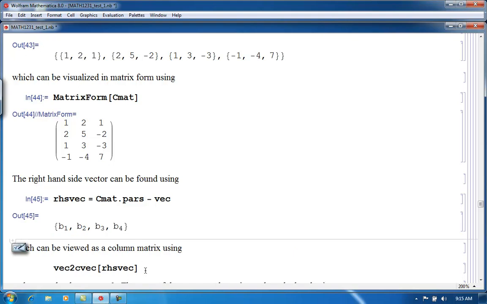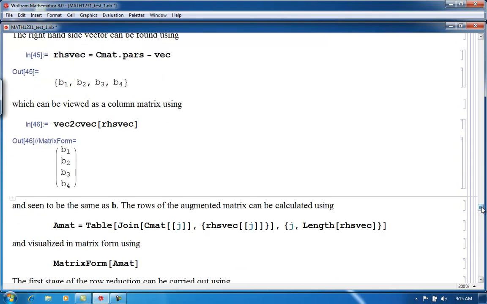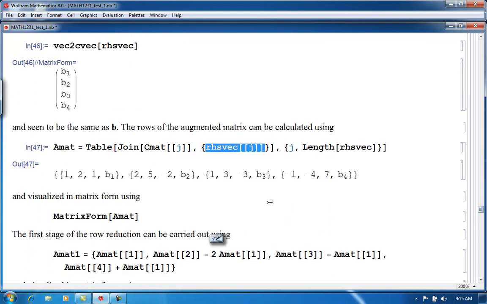And we can look at it using that, and not surprisingly, it is equal to the vector b. So we can construct the augmented matrix using this by joining up, for each row of the coefficient matrix, the corresponding element of the right-hand side vector, and we can look at that as a matrix using this.